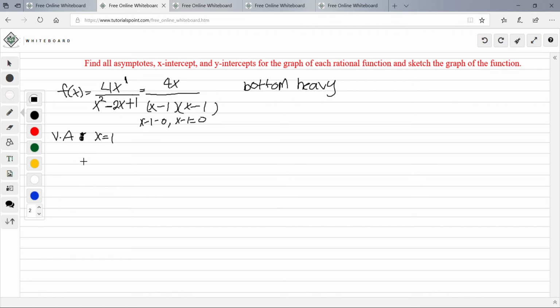And then our HA is y equals 0 because it is bottom heavy, and whenever you have a bottom heavy, your HA is just 0. Y equals 0. There's a difference between 0 and none, right? In this case we have a HA, it's just 0. So I think we have enough information to graph it. We do.